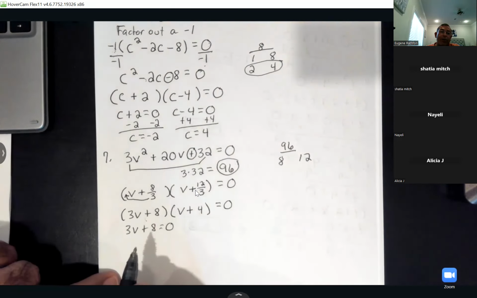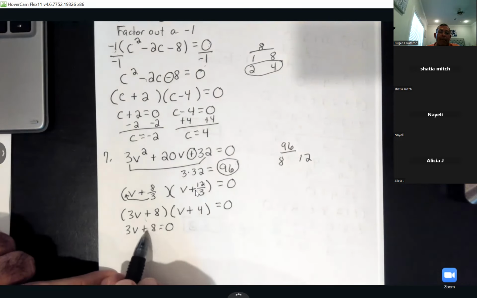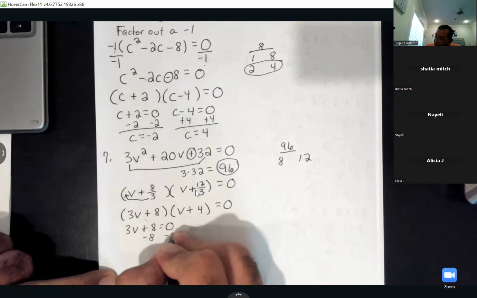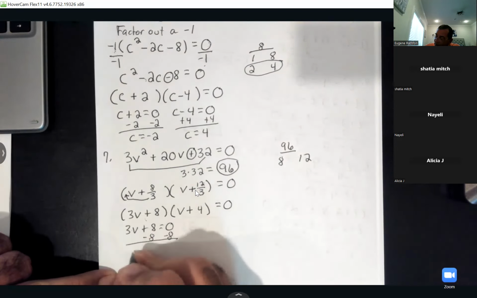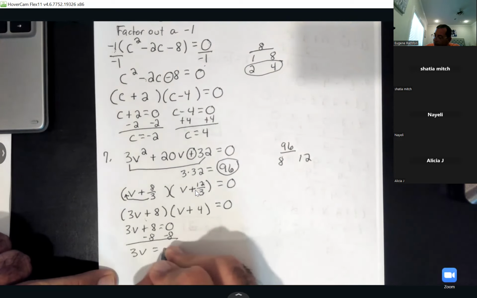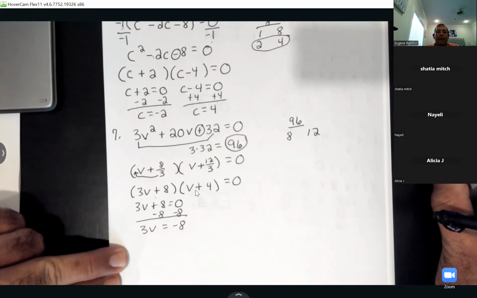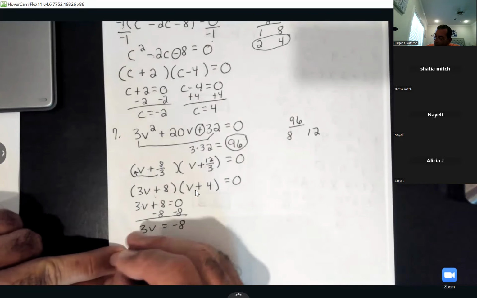So now set each of these factors equal to 0. And y'all, I'm going to show you a trick on this one. First thing we're going to do is subtract 8. So I get 3v equals a -8. Then I'm going to divide both sides by the 3.